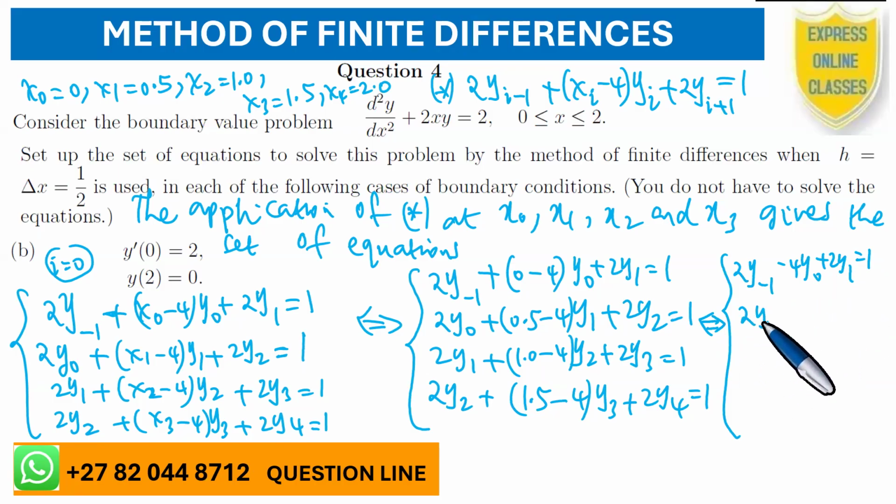Then 2 y0, and 0.5 minus 4 is minus 3.5 y1, 2 y2 equals 1. Then you have 2 y1, and 3.0 y2.